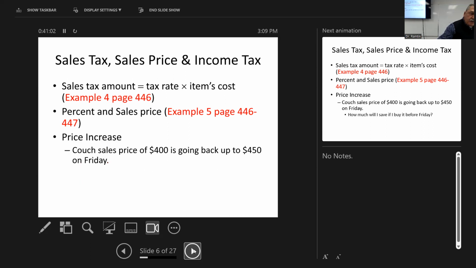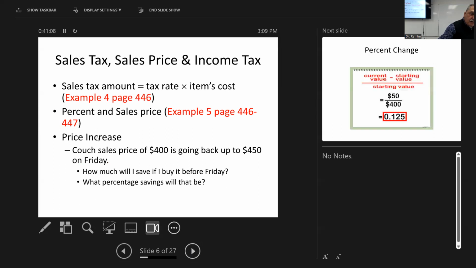All right. Price increase. For example, if I want to buy a couch, the couch sale price is $400, going back up to $450 on Friday.